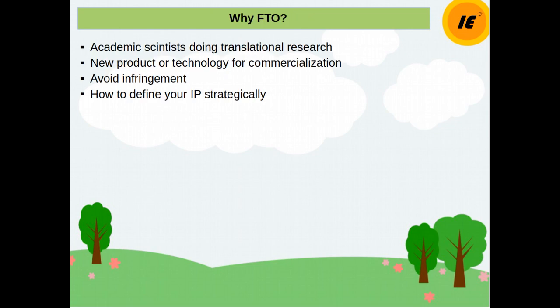So the first question, why do you want to do an FTO, freedom to operate analysis? You are an academic scientist doing research, let's say, in a university or institute. And as you know, nowadays research fields are structured in so many different ways.